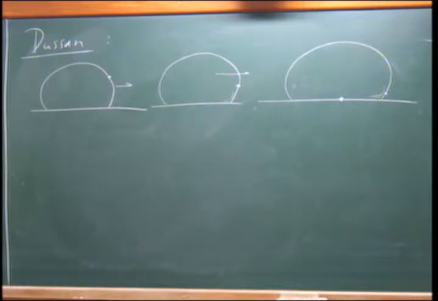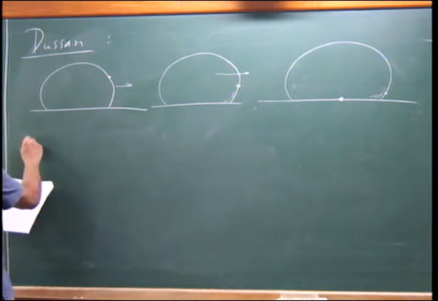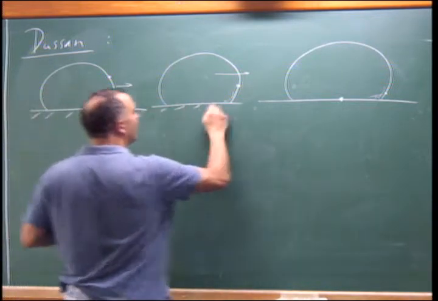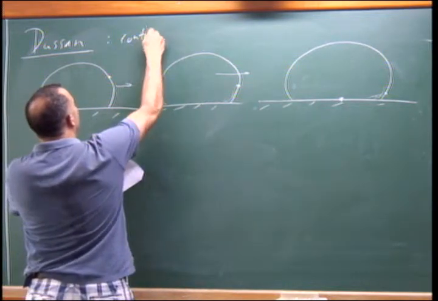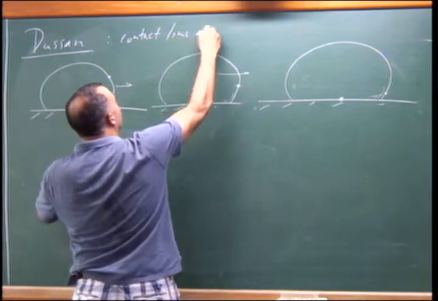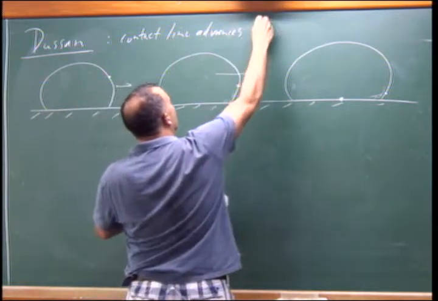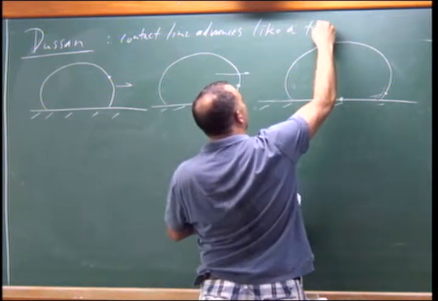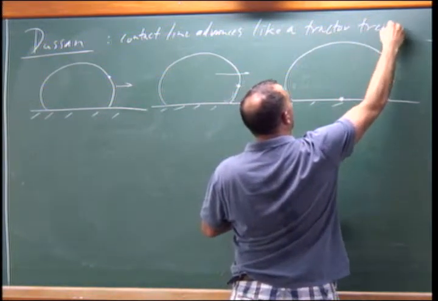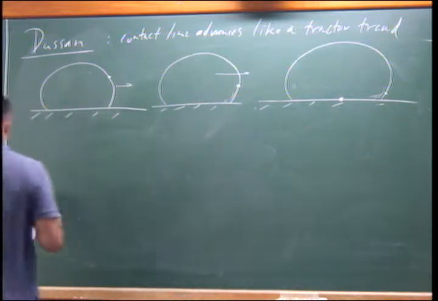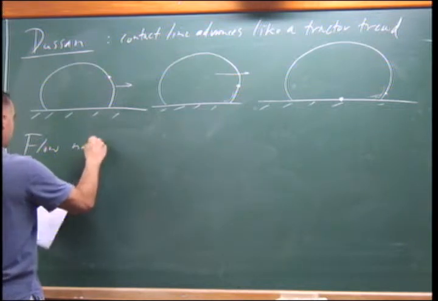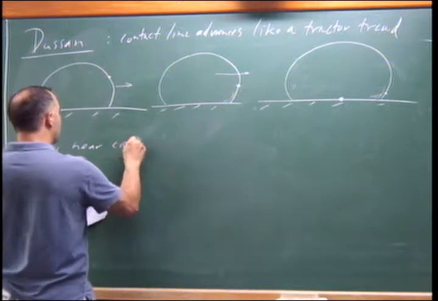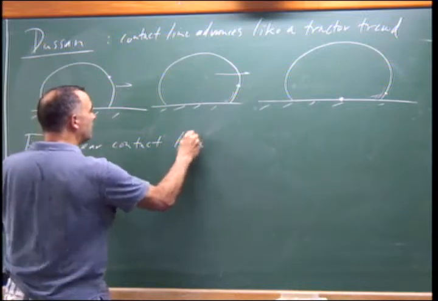Well, okay. So if you look at the contact line, then the flow near the contact line is locally a shear flow, right?